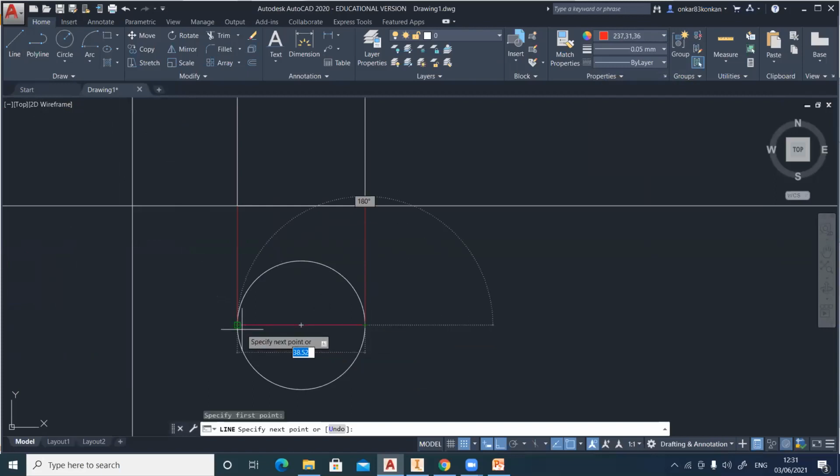Draw a horizontal line. This will represent the diameter. Draw this vertical line so that we can divide this into 4 equal parts. Now draw one line at an angle of 45 degrees from this point.